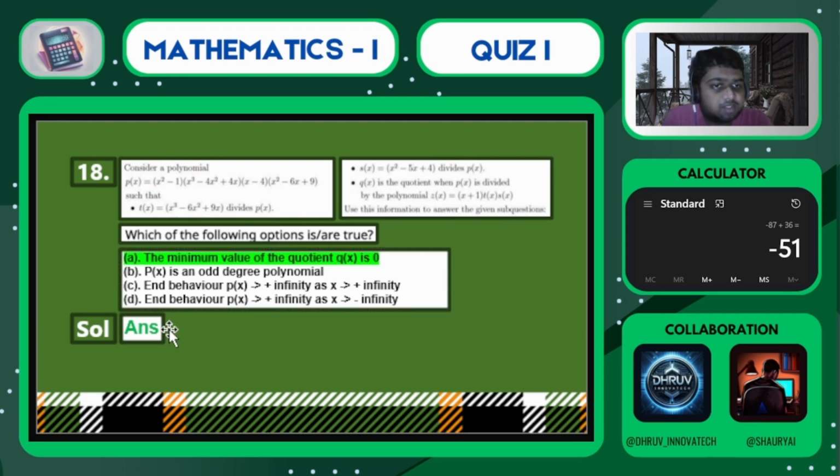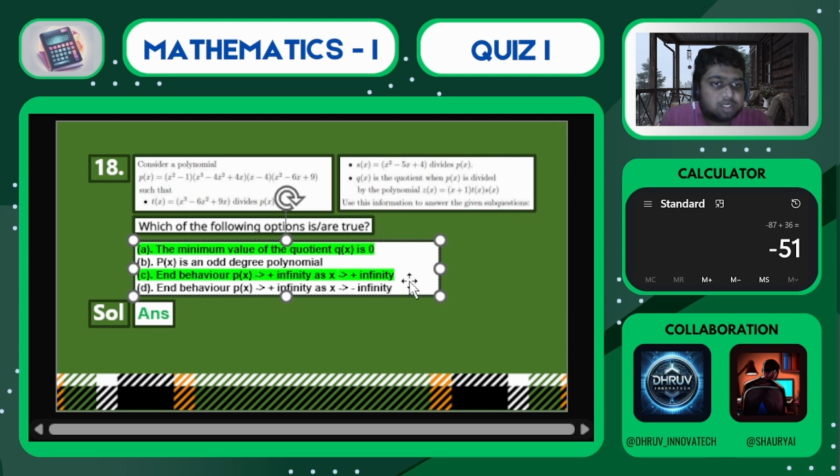So that's true. Then the end behavior of P(x) is positive infinity as x approaches positive infinity. That's true. Also, the end behavior of P(x) is infinity even when x goes to negative infinity. The reason is that for all even degree polynomials, when you draw their graph, the ends will either both go to positive infinity or negative infinity.